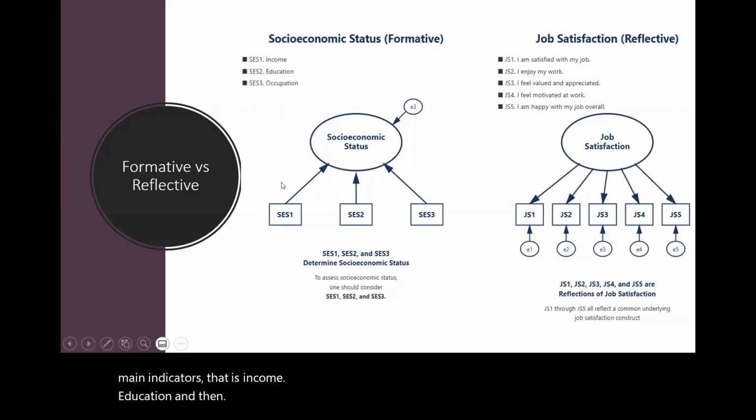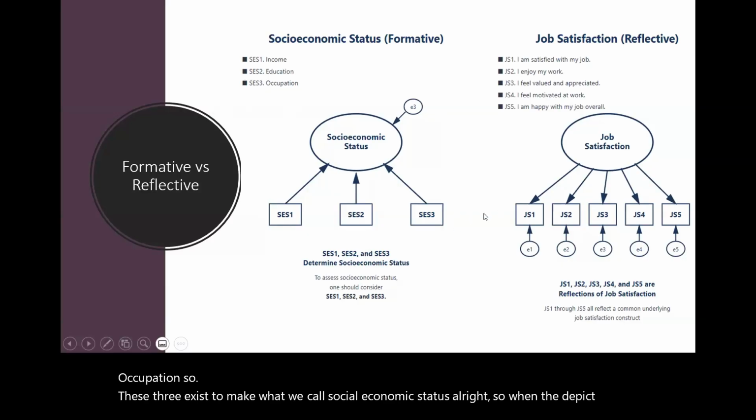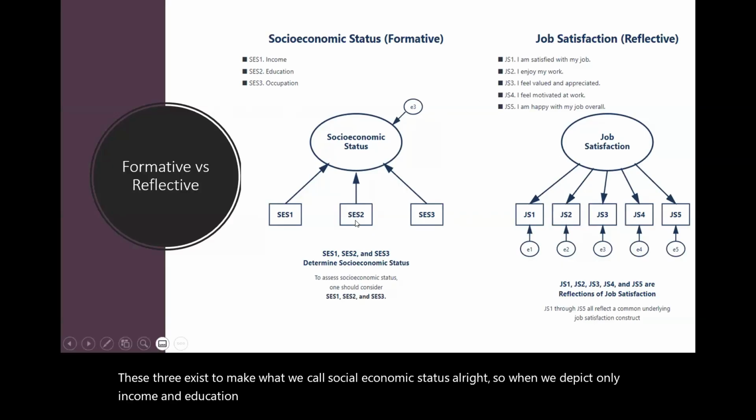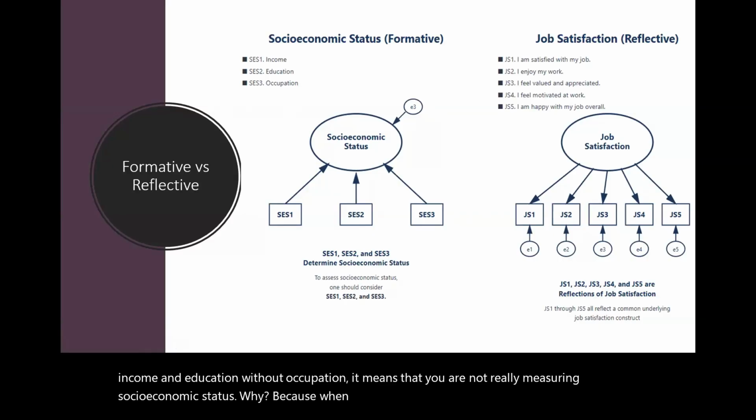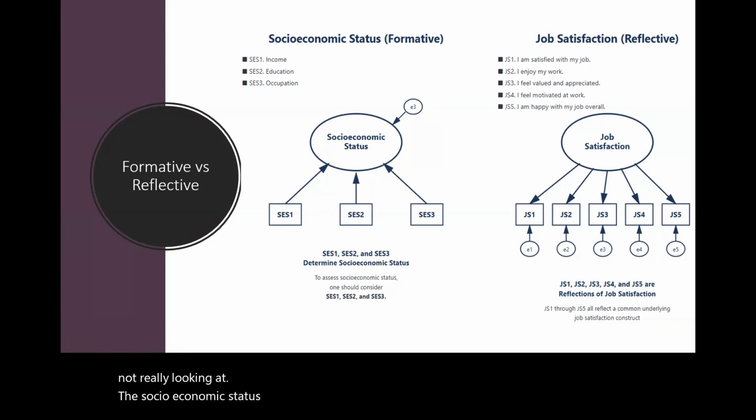So these three exist to make what we call socio-economic status, right? So when we depict only income and education without occupation, it means that we are not really measuring socio-economic status. Why? Because when that is not part of the model, it means that we are not really looking at the socio-economic status, because these three come together to form that. So when one is missing, we are not really looking at that.